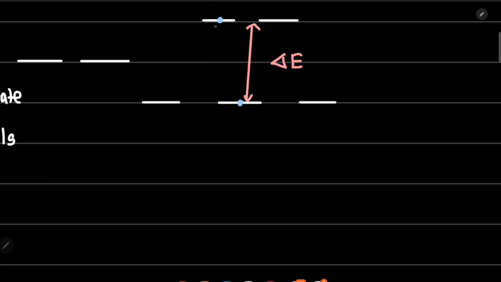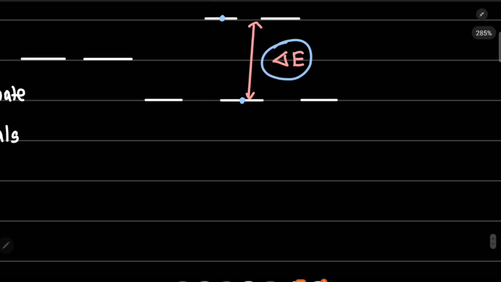So if the energy of the light is equal to this gap del E, the electrons from the lower level jump up to the higher level. So the light gets absorbed. Only light with energy equal to del E gets absorbed.